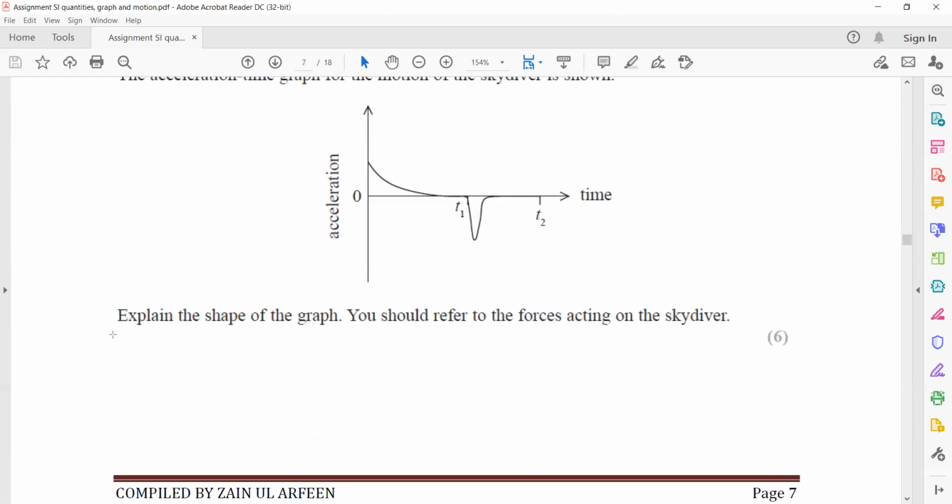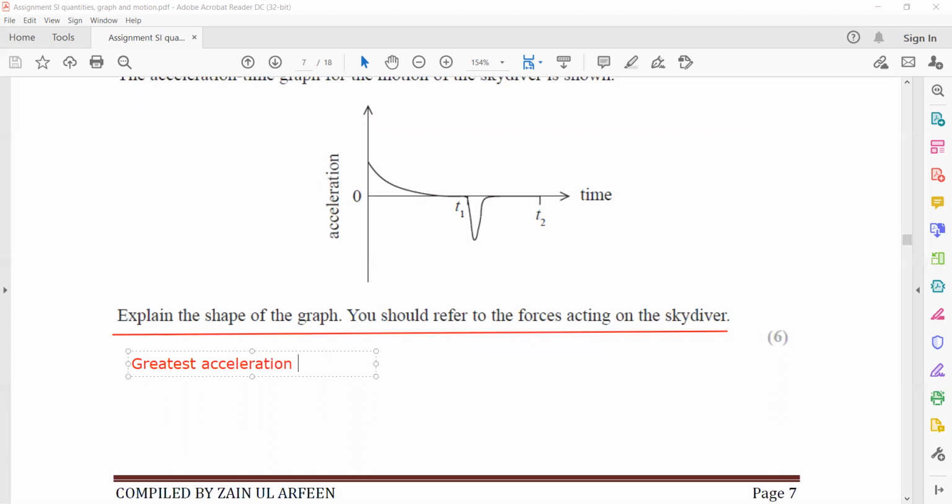So how do we summarize this? Explaining the motion of the graph. From the graph you can clearly see that at the beginning it has the greatest acceleration. Then what happened?